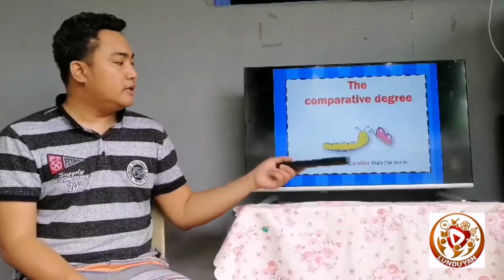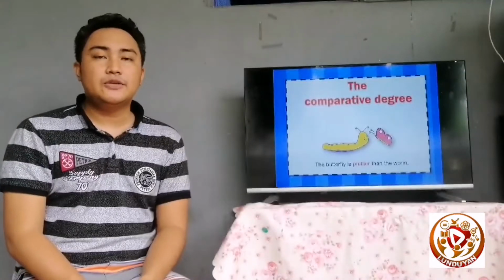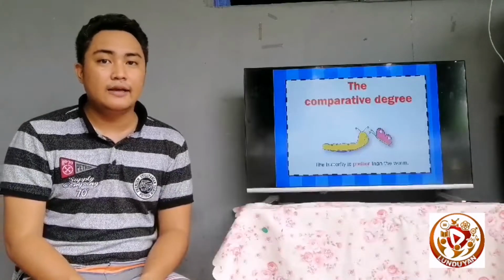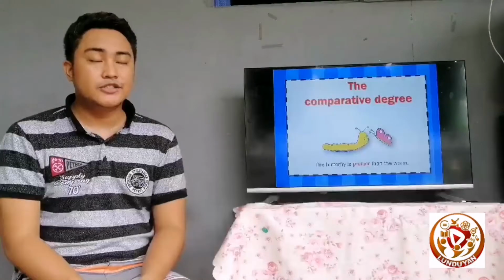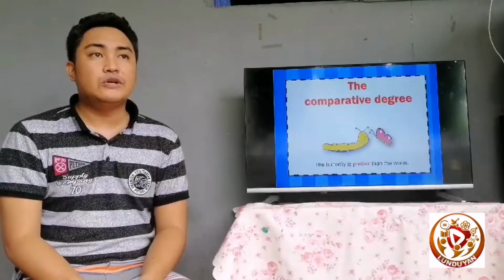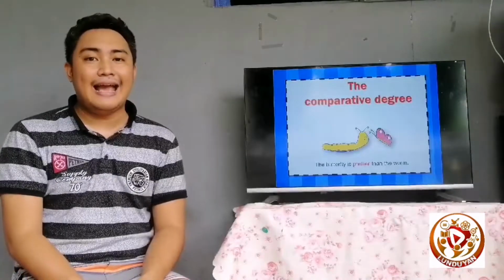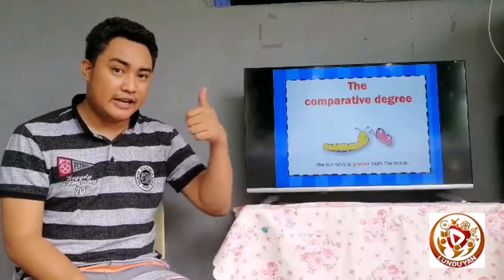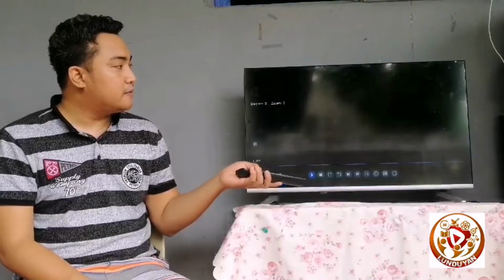Now here, the example is IER. There is a rule when it comes to the comparative degree that when a word ends in Y, we change it to I and add ER. So for example, pretty, we remove the Y and change it into I, and then add ER. That explains prettier. Did you get it? All right, very good. Let's try another one.